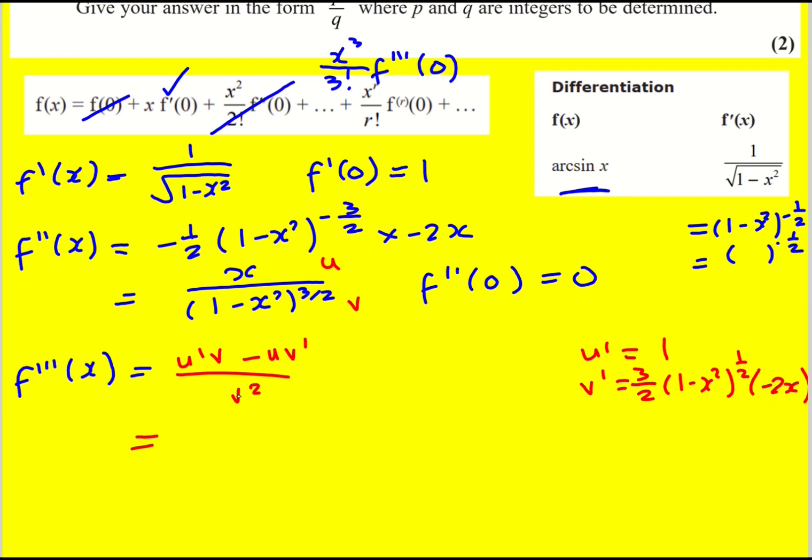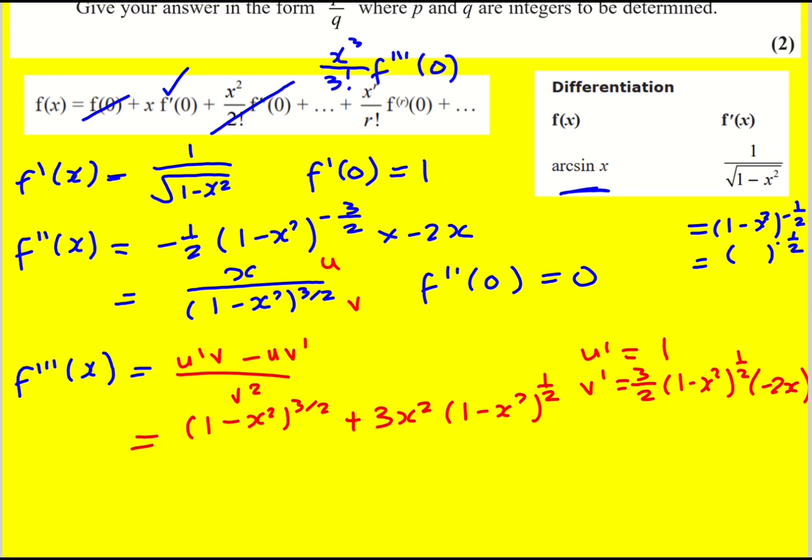So I will get 1 times v, so 1 minus x squared to the 3 over 2 on top, then minus u, which is x, times this. So actually it's going to become plus 2x squared. Oh, I forgot there's a 3 over 2 in there as well. This is going to become a 3.